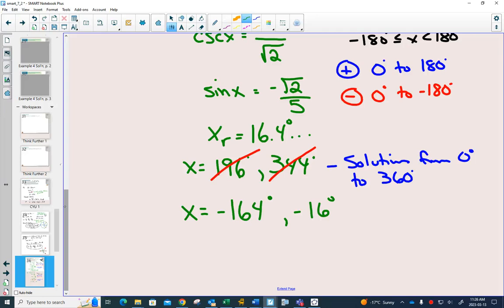Same reference angle. So mental math-wise, if the reference angle is 16, the negative 16 is easy to figure out for quadrant 4. If the reference angle is 16, in quadrant 3, in the negative direction, I would just do 180 minus 16, which gives me that 164.